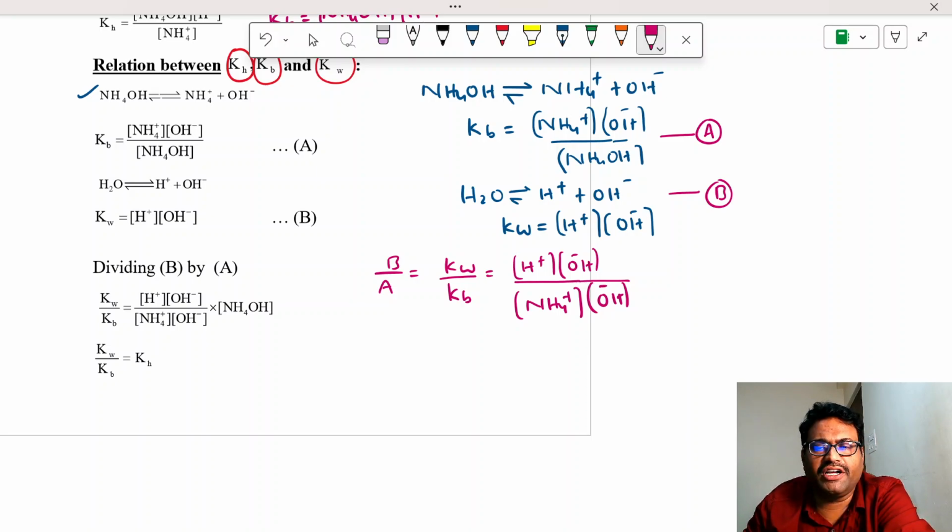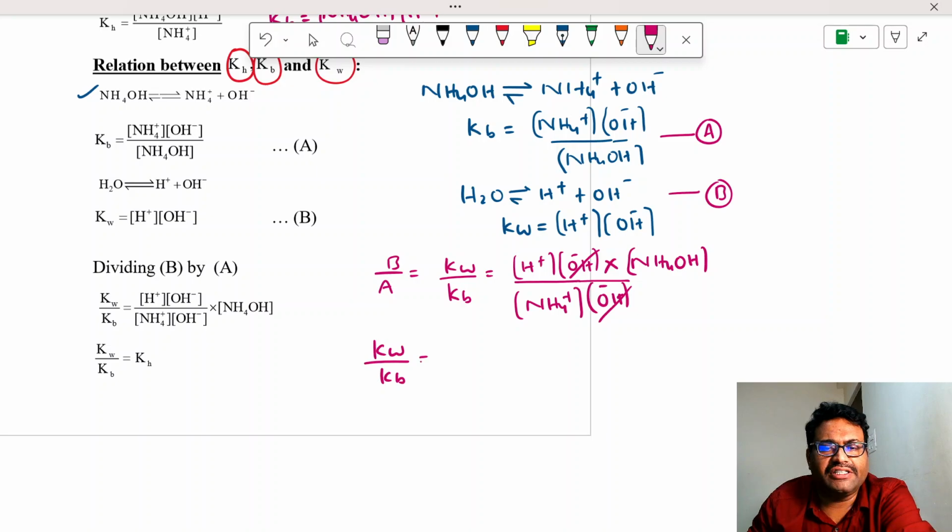If it is in the denominator, if you move it, it comes into the numerator. NH4OH comes. Now you see, cancel OH minus with OH minus. Then what did you get? Kw by Kb is equal to H plus ion concentration into NH4OH concentration by NH4 plus concentration.